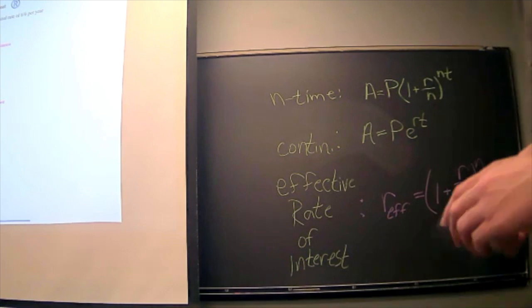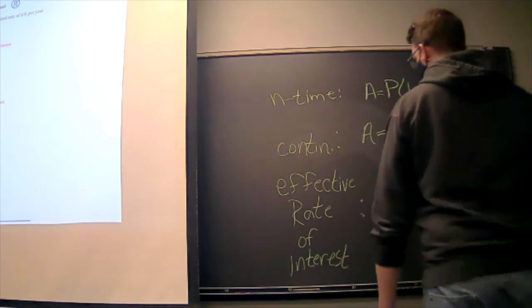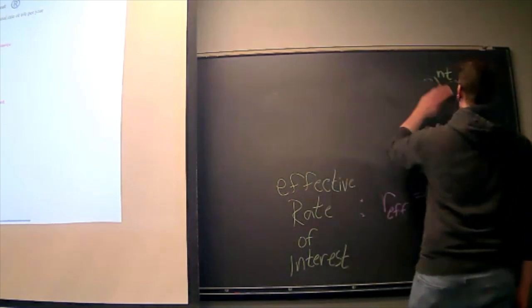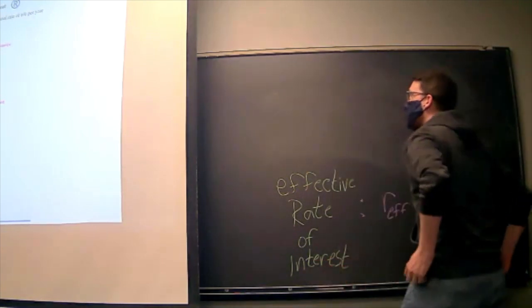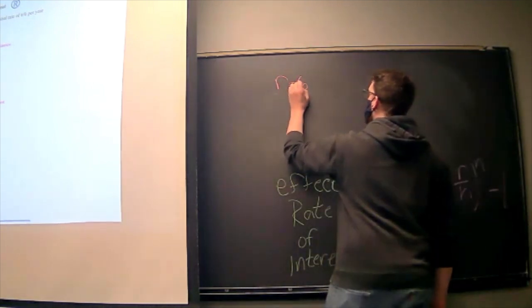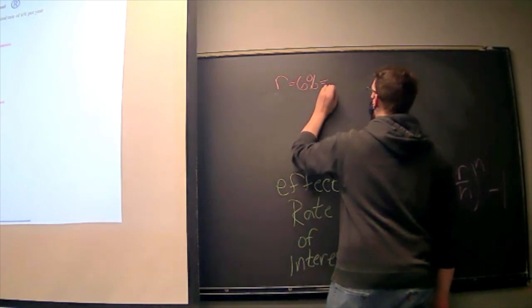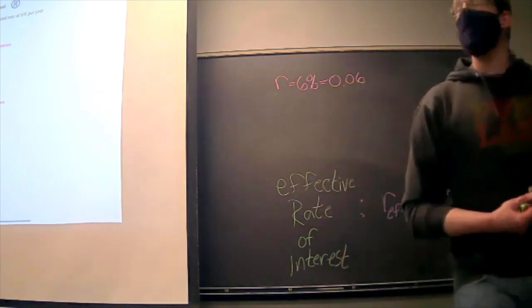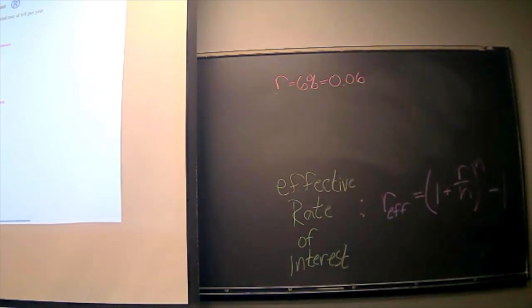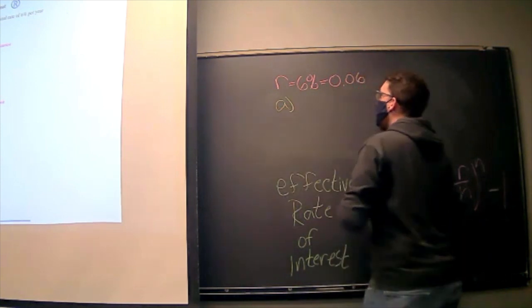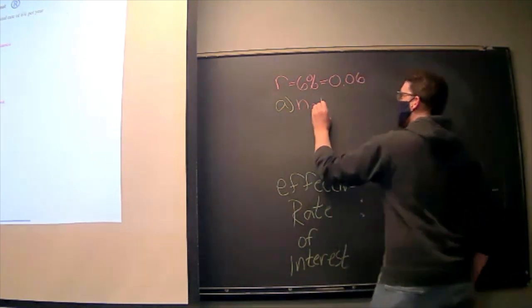So in our problem, we're given that R is equal to 6%. Well, this is going to be 0.06 as a decimal, right? In the first case, when we're looking at annual, N is equal to 1.